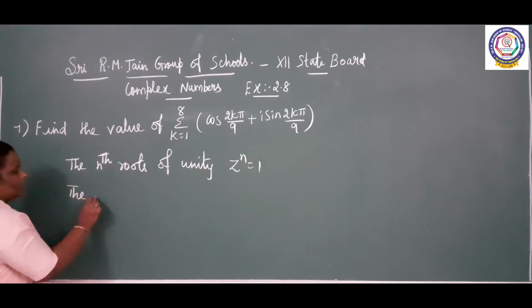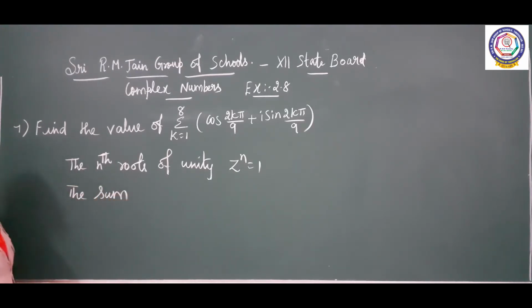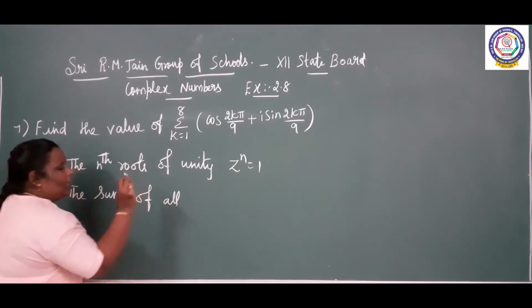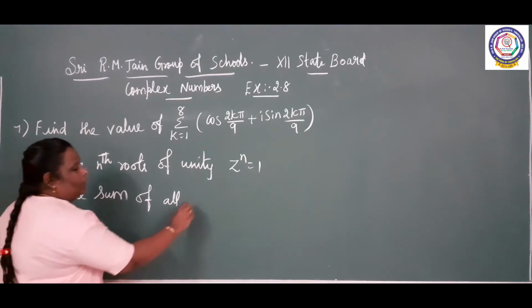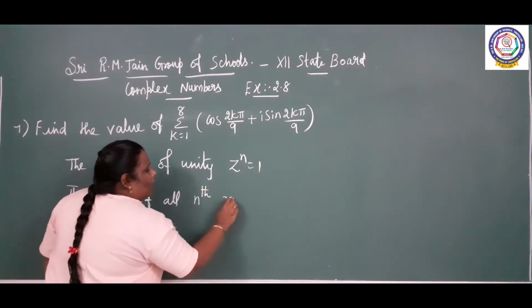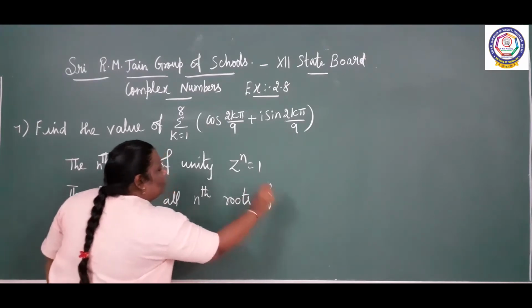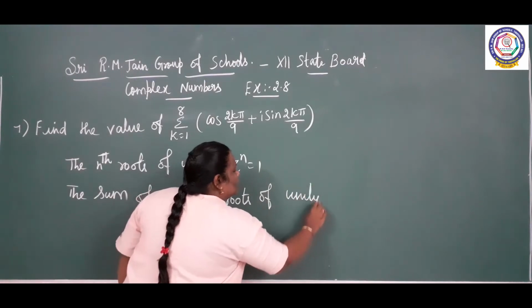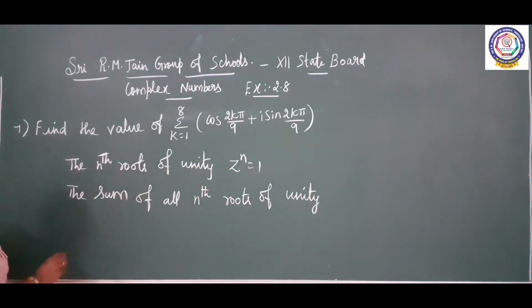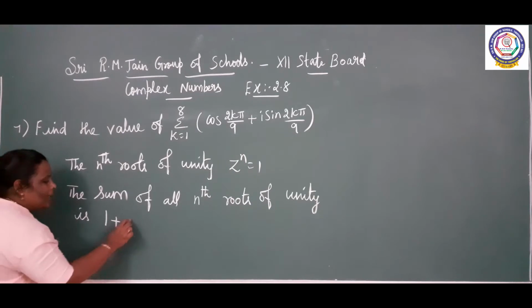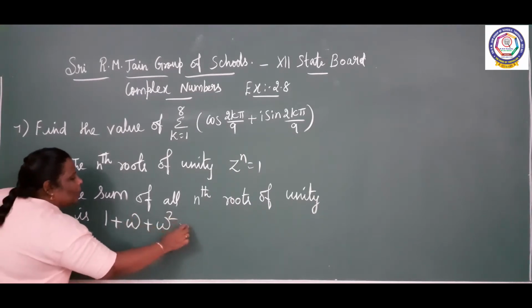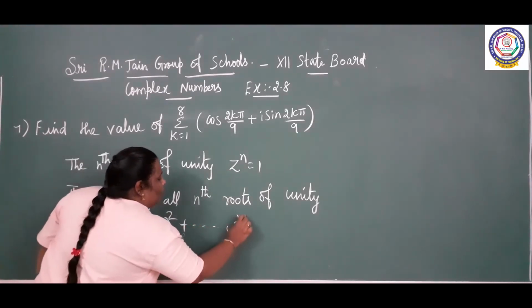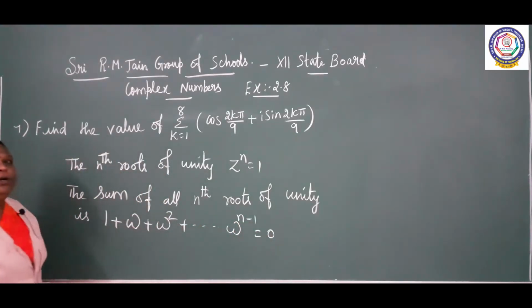The sum of all nth roots of unity is 1 plus omega square plus etc. up to omega power n minus 1, equal to 0.